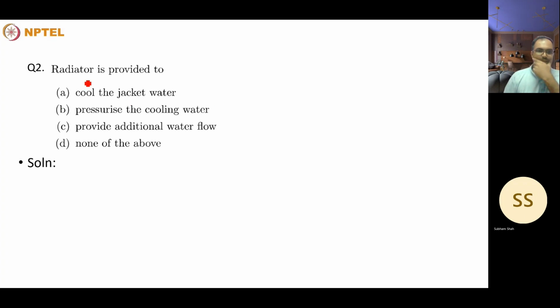Right, right. So in the case of air cooling system, we do not require any other external devices to cool air as continuous supply of air is available as the engine moves. But in the case of water cooled system, infinite amount of water is not available to cool the system, right?